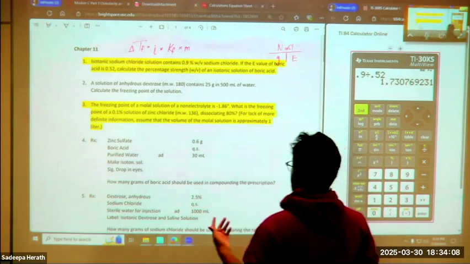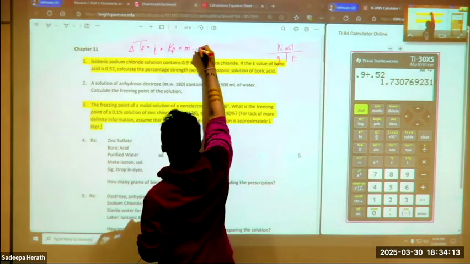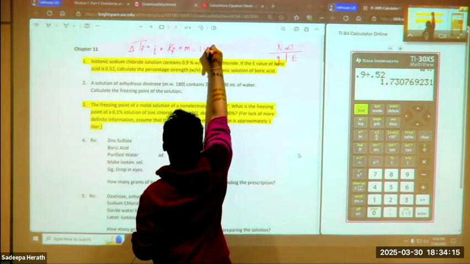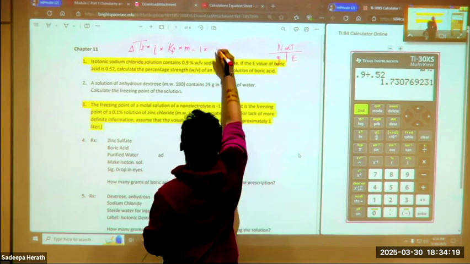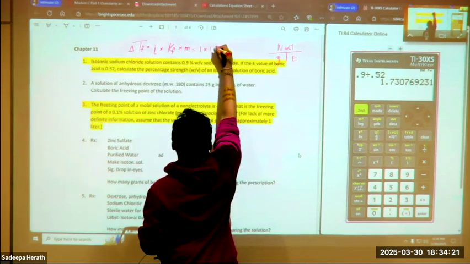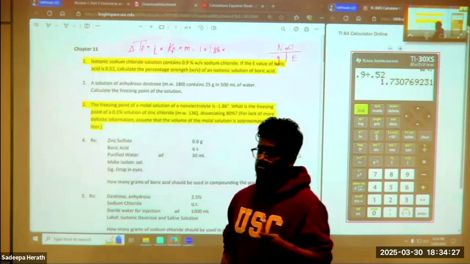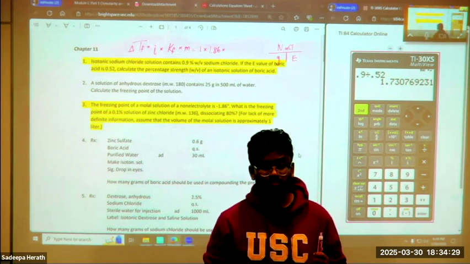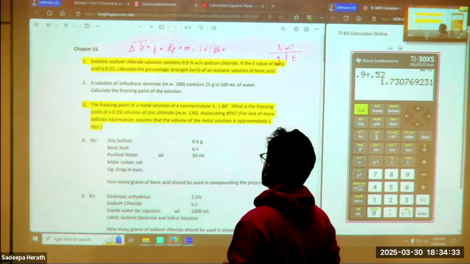We already know I is 1 because dextrose does not dissociate in water. Kf we also know because the solvent is water, so the constant is 1.86. If it were another solvent, they should provide the Kf for that.